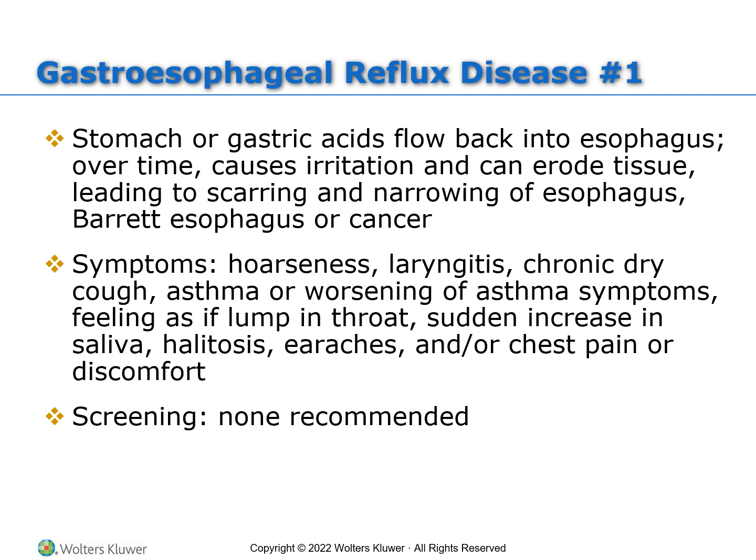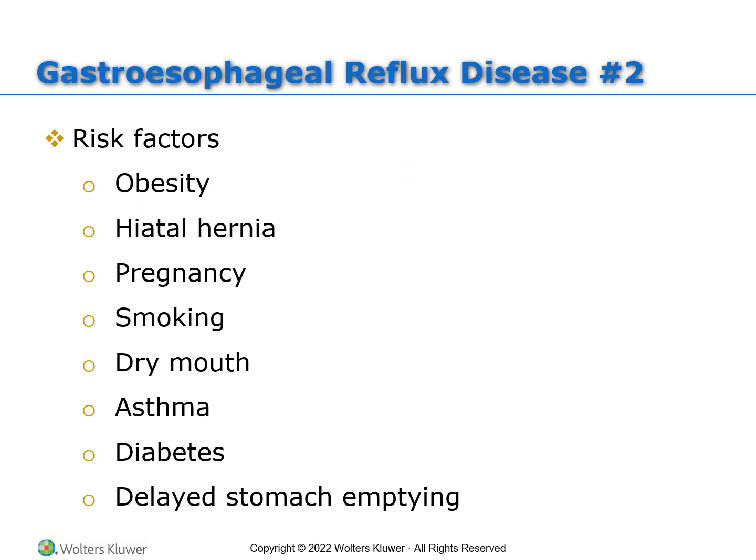So what are some of the risk factors that we see with GERD? Common risk factors for developing GERD include things like obesity, hiatal hernia, pregnancy, smoking, diabetes, delayed stomach emptying, dry mouth, asthma.